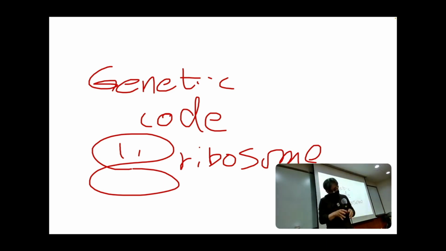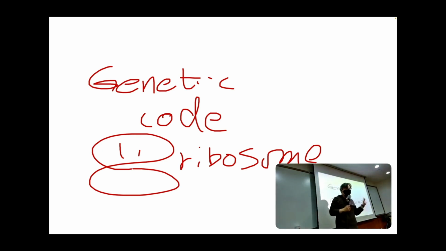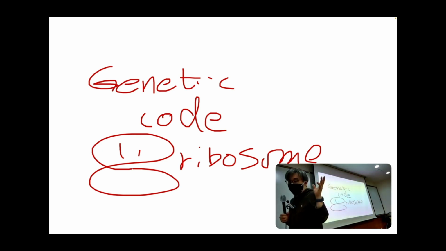And for the second position, the ribosome reads this sequence, which means another amino acid must come over here, and then the ribosome will click and link these two amino acids together, and one by one it keeps going until the end of this protein synthesis.